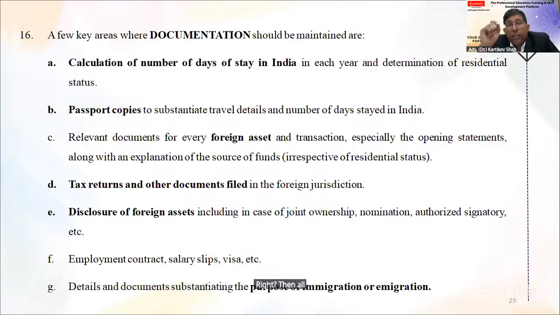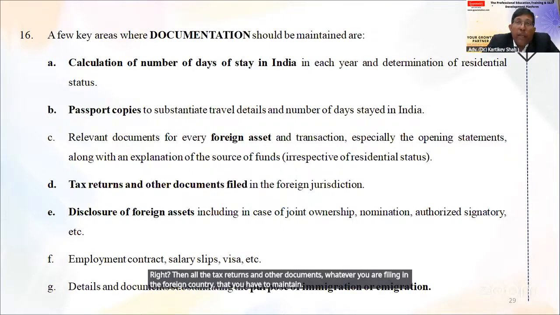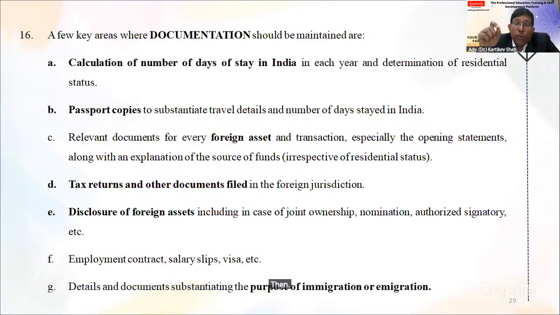Then all the tax returns and other documents you file in the foreign country, you have to maintain. Then you have to disclose your foreign assets if you have to file a tax return in India.